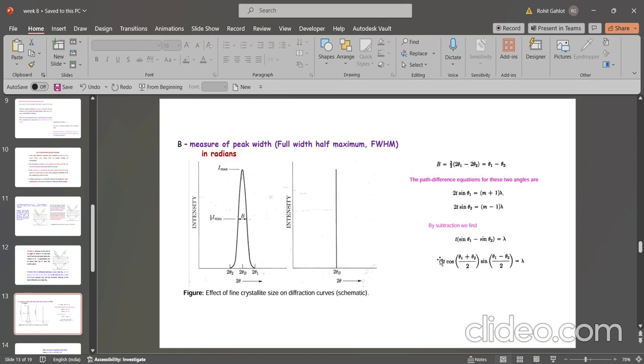By subtracting, we find that t times sine theta 1 minus sine theta 2 equals lambda. Using the formula for sine c minus sine d, we can write it as 2t cos of theta 1 plus theta 2 by 2, times sine of theta 1 minus theta 2 by 2, equal to lambda.